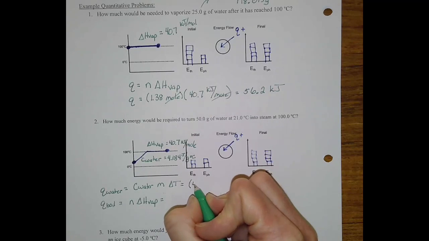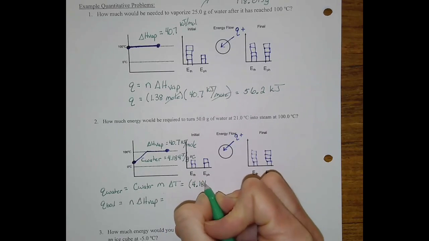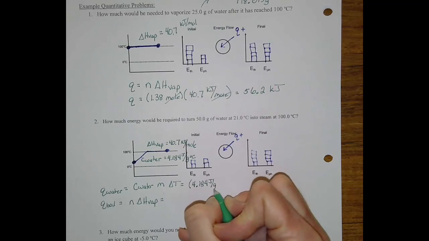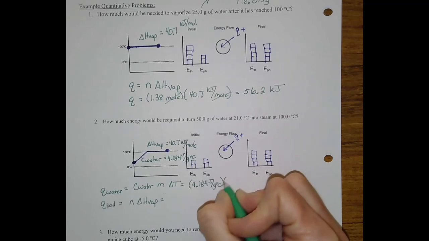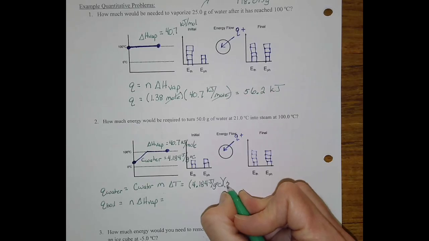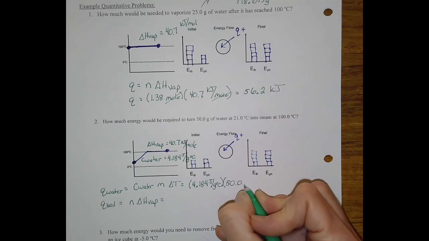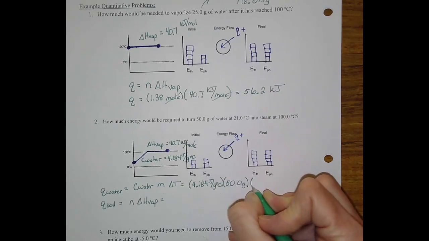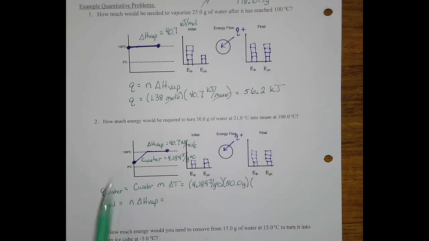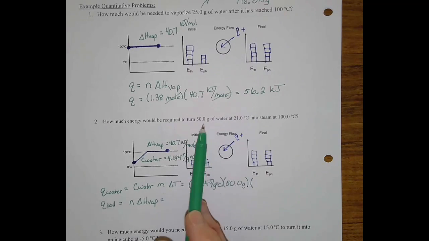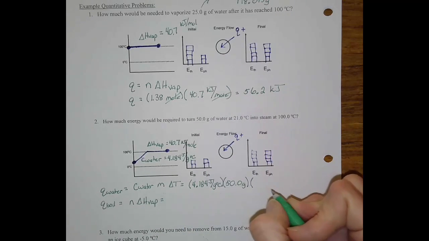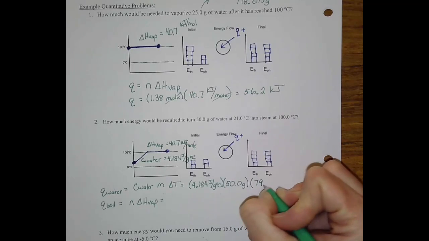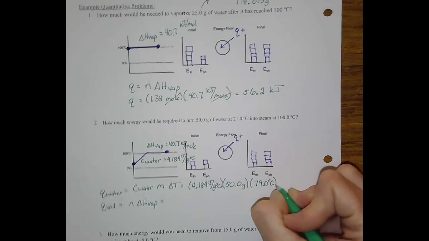So we have specific heat of water, 4.184 joules per gram degree Celsius, times the mass, 50.0 grams, times the change in temperature to get us from 21 degrees up to 100 degrees. And both of those are out to the tenths place, 79.0 degrees Celsius.